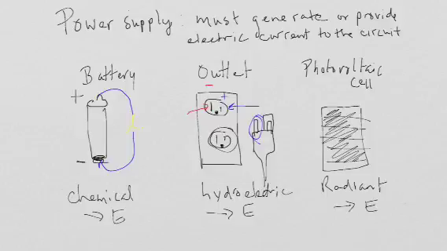So this is a basic overview of the 3 main types of power supplies that are always found in circuits. In the next video, we're going to talk about other components of circuits. We're going to talk about insulators and conductors as well as controls.